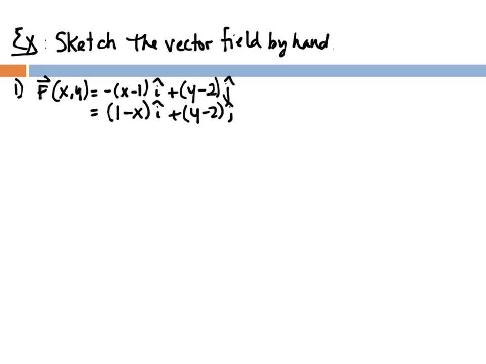All right, to do this by hand, what we want to do is pick different locations in two-dimensional space. Let me put it in here this way. I will change this out.